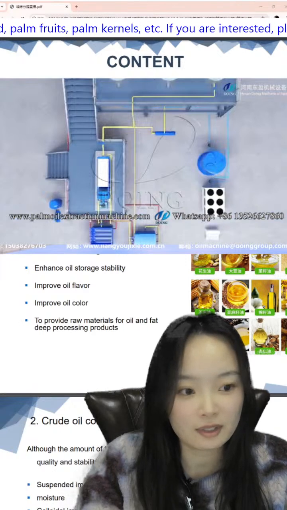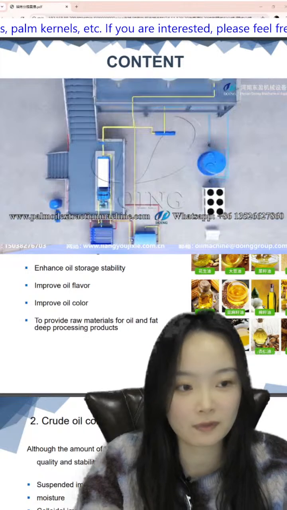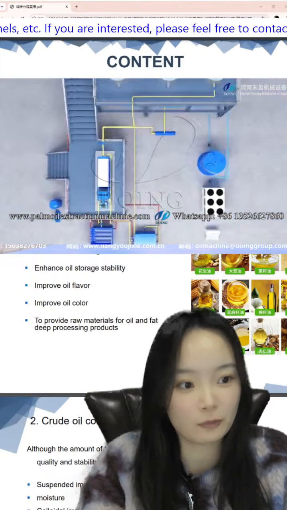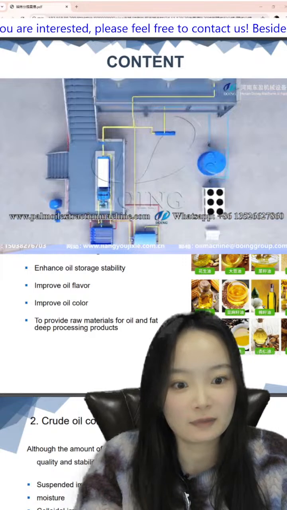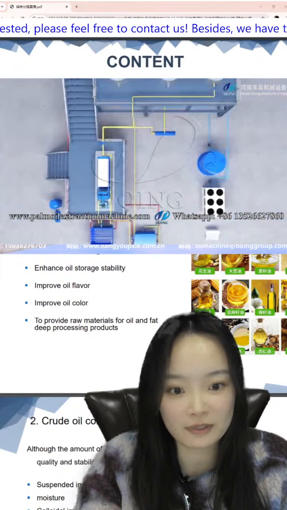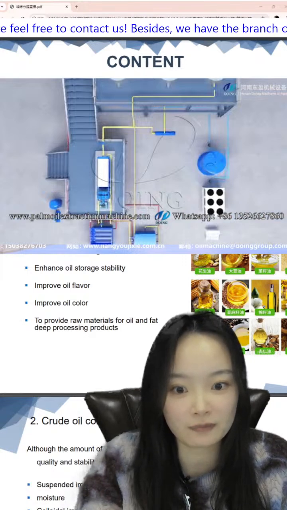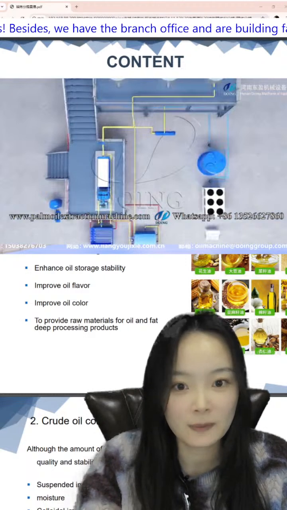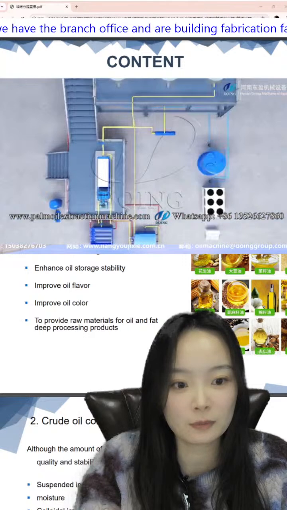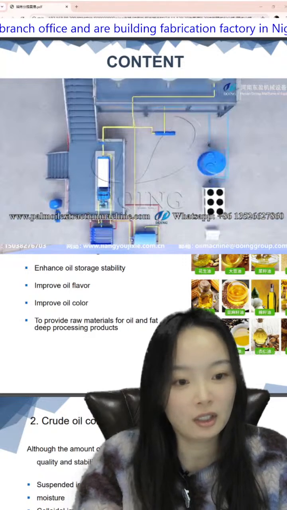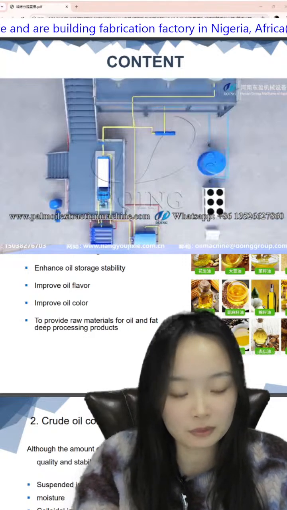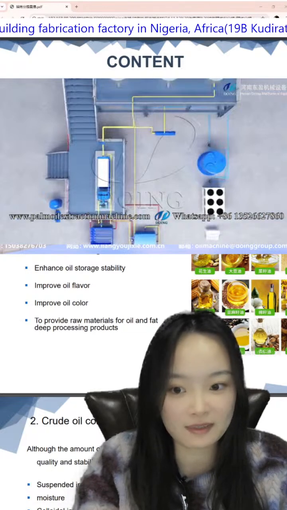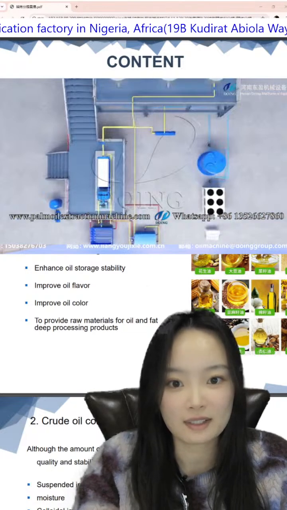That is because we have completed the refining process. And fourth, we can provide the raw materials for oil and fat deep processing products, such as soap. The soap we use is a byproduct of the refining process. Okay, let's move to the next part.